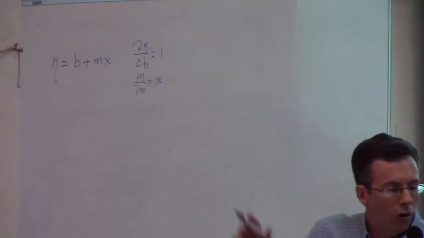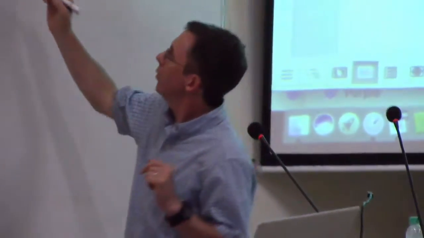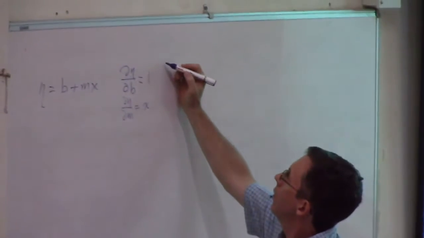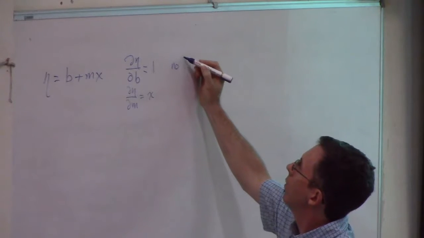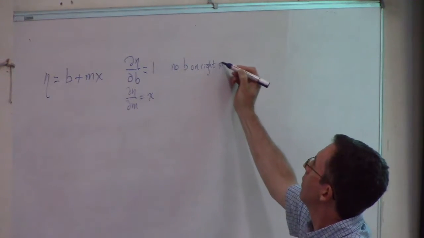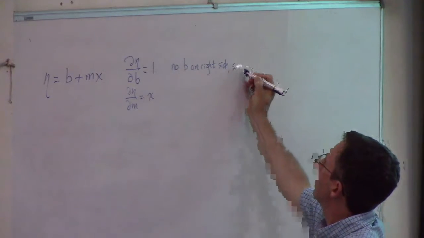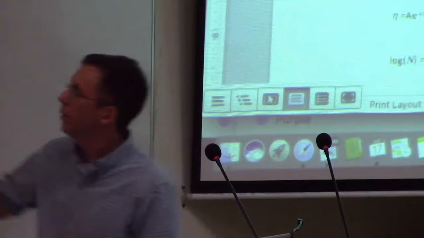Okay, so on the first one, do you see, is there a B? So right here, no iteration. Okay, let's try the next one.